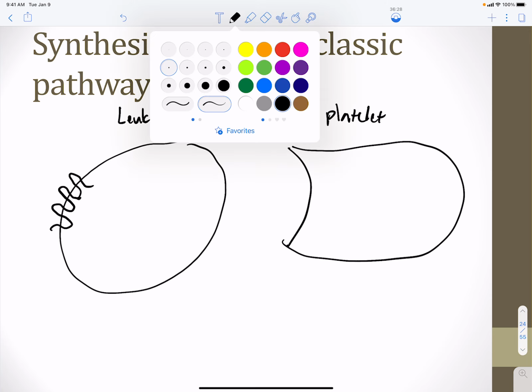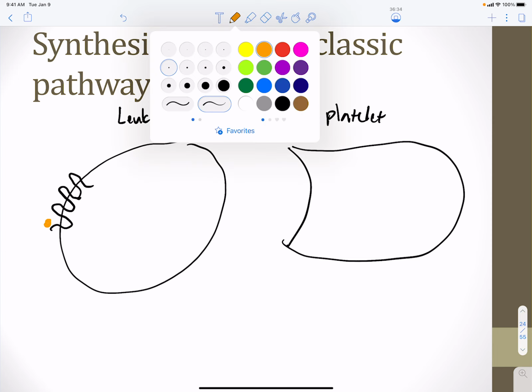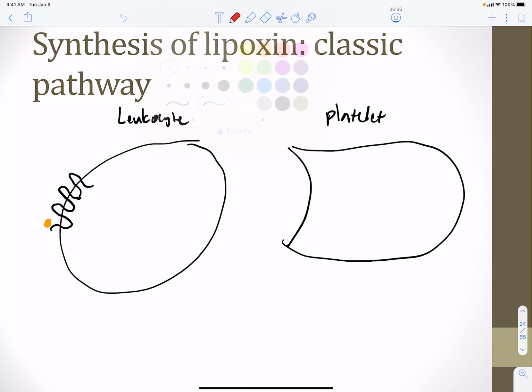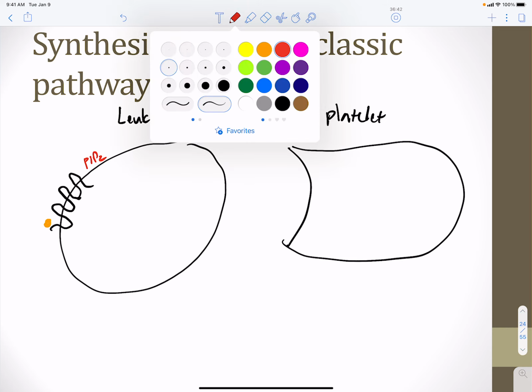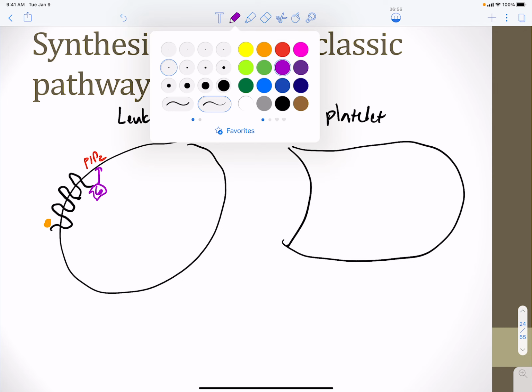And so you have some sort of stimulation, and then this is going to stimulate arachidonic acid being removed from your lipids. So we'll put PIP2 here. And so you're going to get your G protein activated. You're going to get your phospholipase A2 activated, and then you're going to release arachidonic acid.